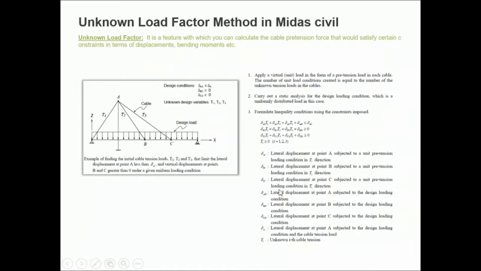The program will first form the inequality or equality conditions, and then it will try to optimize through the unknown factors. An optimization technique has been built into the program, so it uses that algorithm to find the minimum solution which optimizes the objective function.